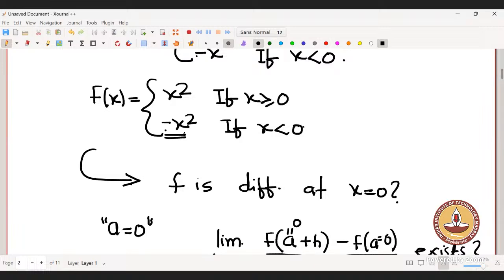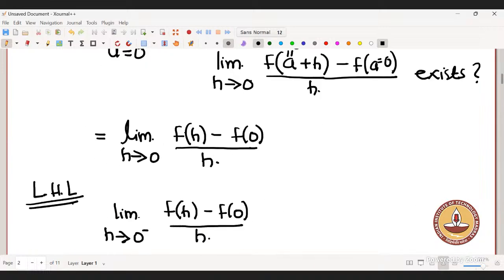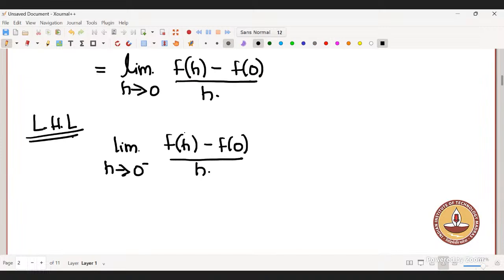Minus x squared. So when h is coming to 0 from the left hand side, h is negative, so this should be minus of h. And f of 0 is of course 0, right?